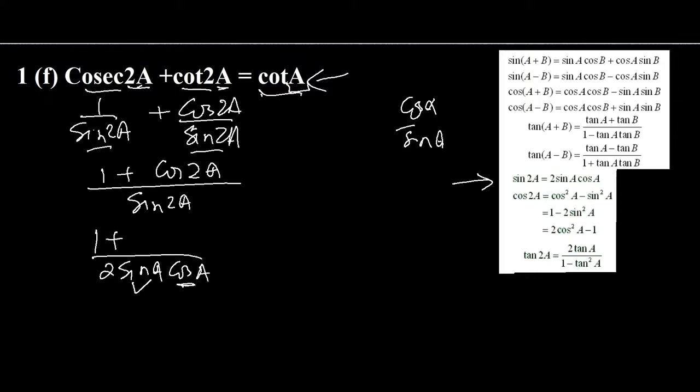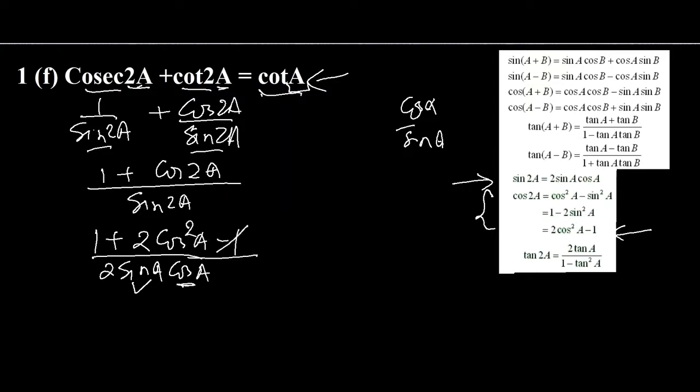So what do we do? We choose an identity out of the 3 identities of cos 2a where there is a minus 1, so that 1 goes, and there is a cos also, which is the third one, this one. So we write 2 cos square a minus 1.